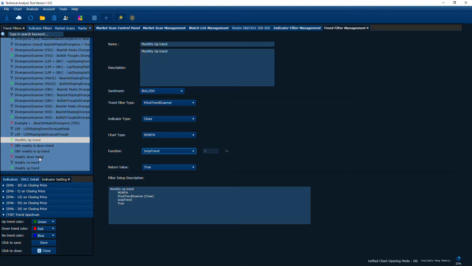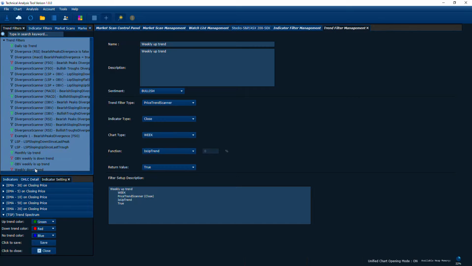Okay, let's take a look at the weekly one. Again, weekly uptrend, we pick the price trend scanner. Indicator type is closing price. Weekly chart, that's the important one, and is uptrend should be true.